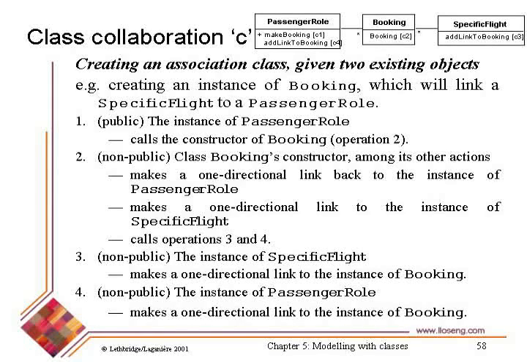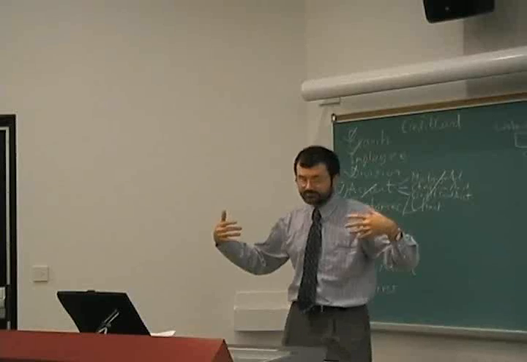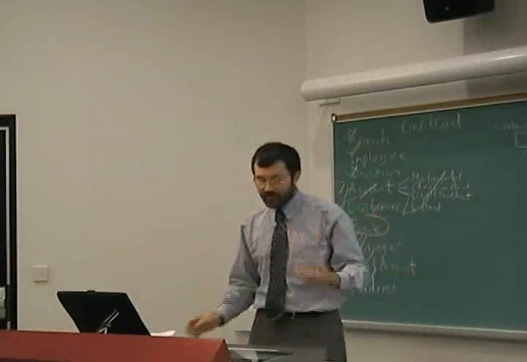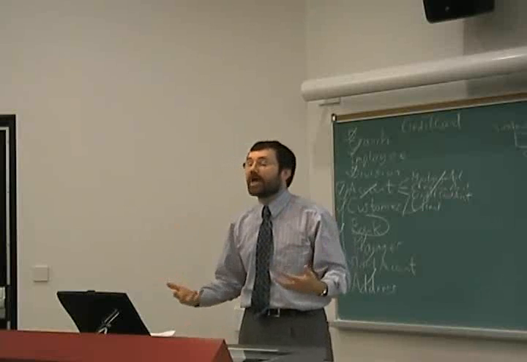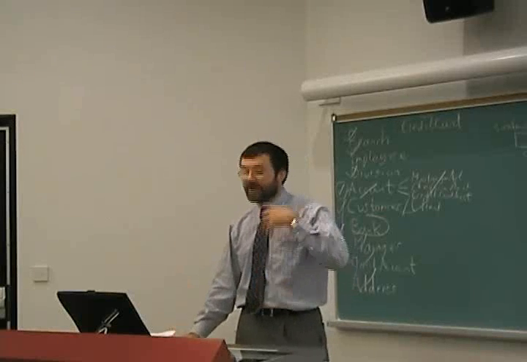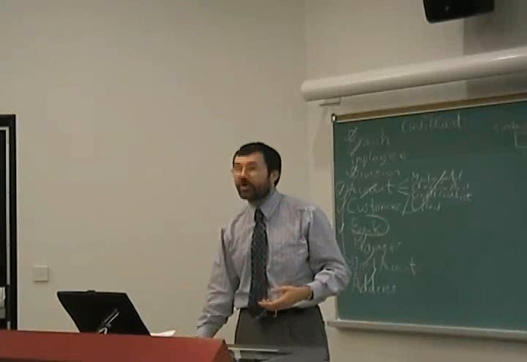So it calls the specific flight's method addLinkToBooking, and it calls the passenger role's method addLinkToBooking to make the pointers. So we've got four references here, two-directional references. All these methods, 2, 3, and 4, are non-public. They're collaborating methods that help get the job done. The main responsibility is makeBooking.